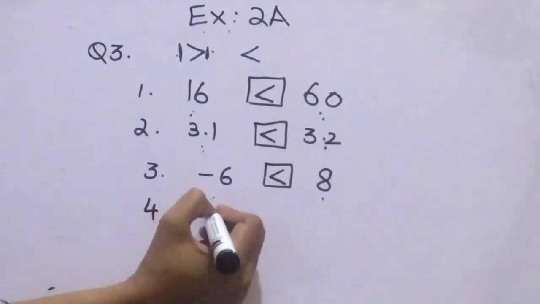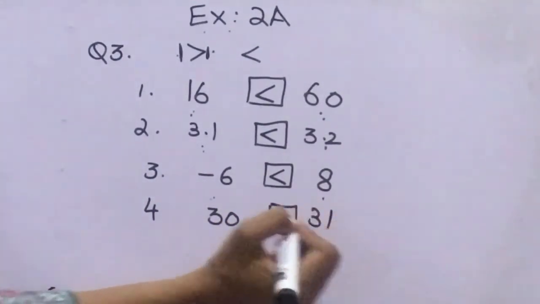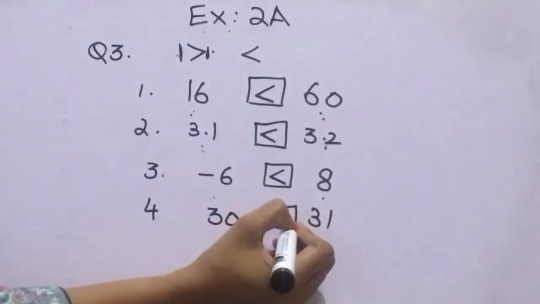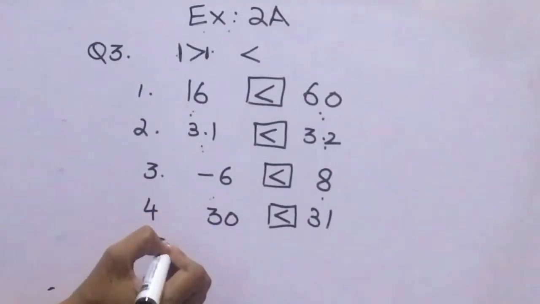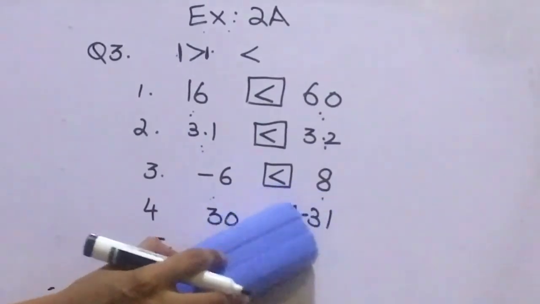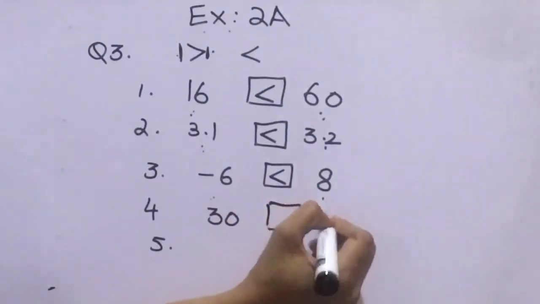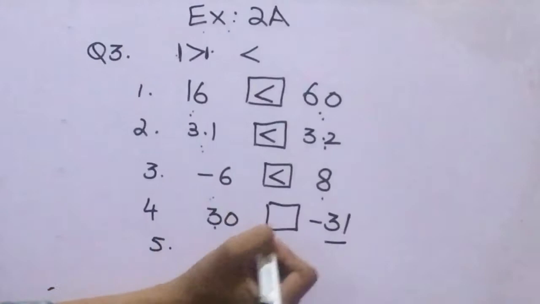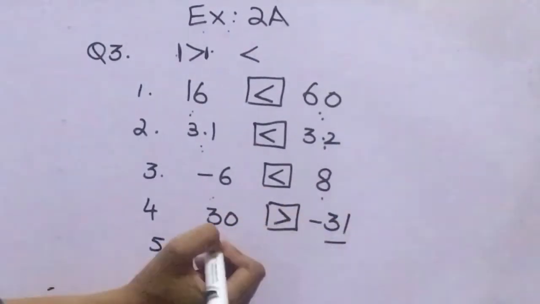Number 4, 30 and 31. Both are positive numbers and integers, so 31 is greater than 30. Number 5, sorry, it's 30 and -31. So -31 is a negative integer or number, and a positive number should be greater, so 30 is greater than -31.